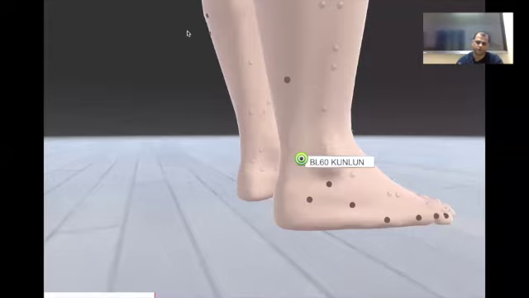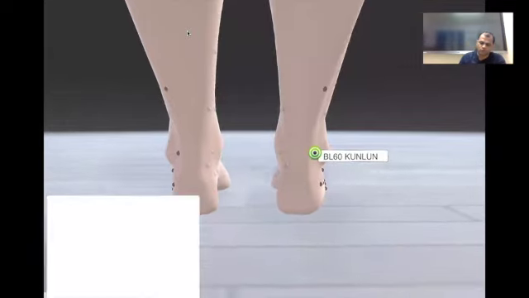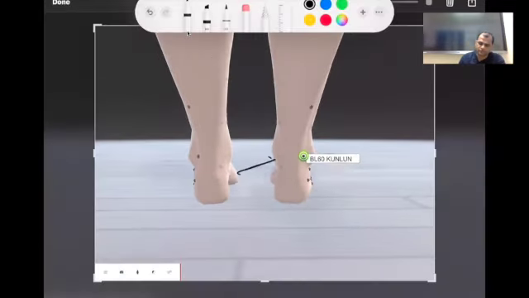If it is not possible, then put two separate needles, one here and one here. One is on kidney 3, one is on urinary bladder 60. This is for Achilles tendonitis.